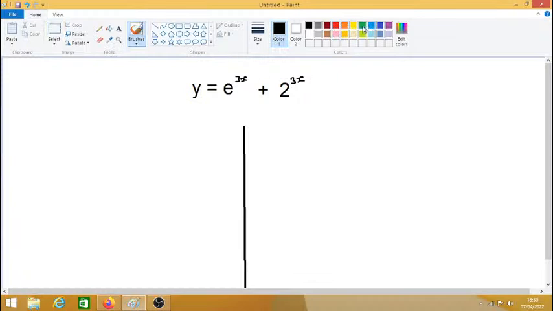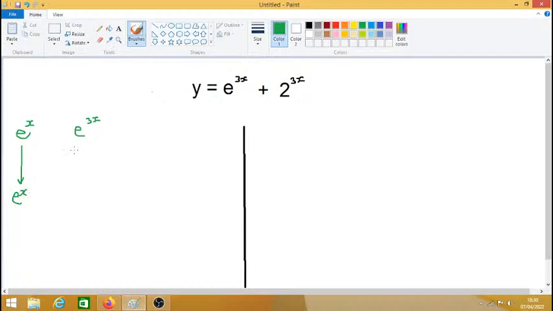So the first one is I want to differentiate e to the 3x. The first thing I remember is that basic rule: e to the x differentiates to e to the x. It just stays the same.